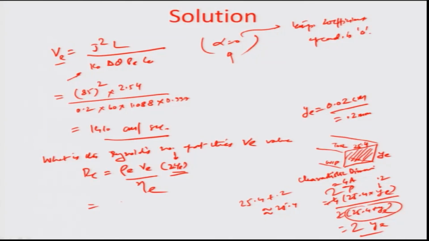So, we have the equilibrium gap, 2 times 0.02 centimeters, times the density of the electrolyte, which was provided as 1.088 grams per centimeter cube, times the velocity, which in the current case can be estimated to be 1410 centimeter per second, divided by the viscosity of the electrolyte, given as 0.876 times 10 to the power of minus 5 kg per centimeter second.